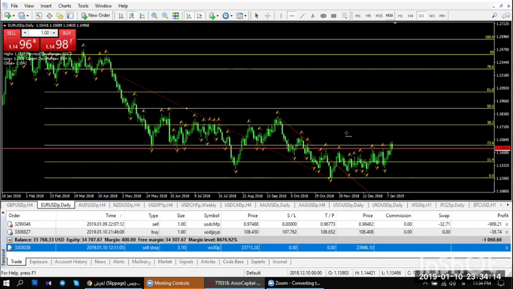Please tell me why you say that we have an uptrend now. Okay, so the first reason is because of the trend line that I drew. This trend line shows the trend.